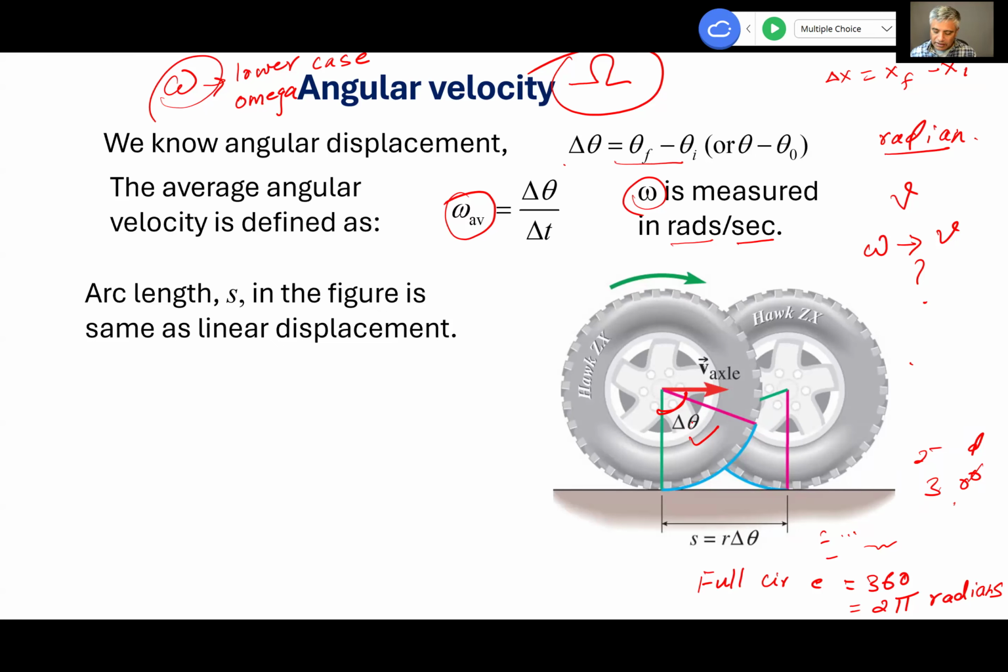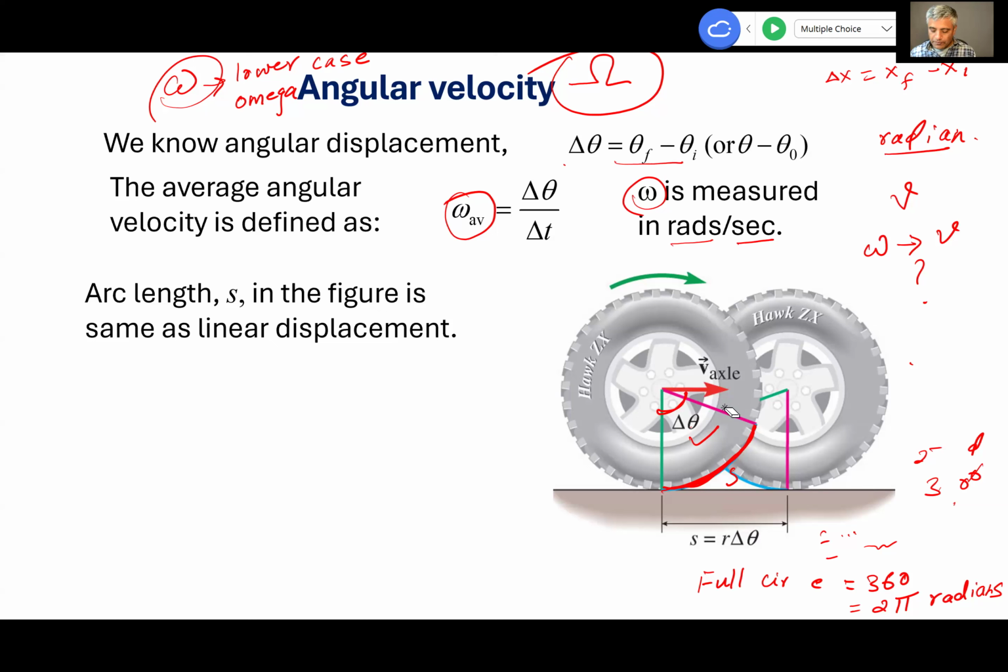So that angular displacement, and if we go through the circumference of that tire, we call that linear distance, and that's how far you are moving, right? So how far do you go in a car? When your tire spins once, whatever the circumference of your car tire is, that's how far forward you have gone in one spin. 2 spins, double that. 3 spins, triple that, and so on, right?